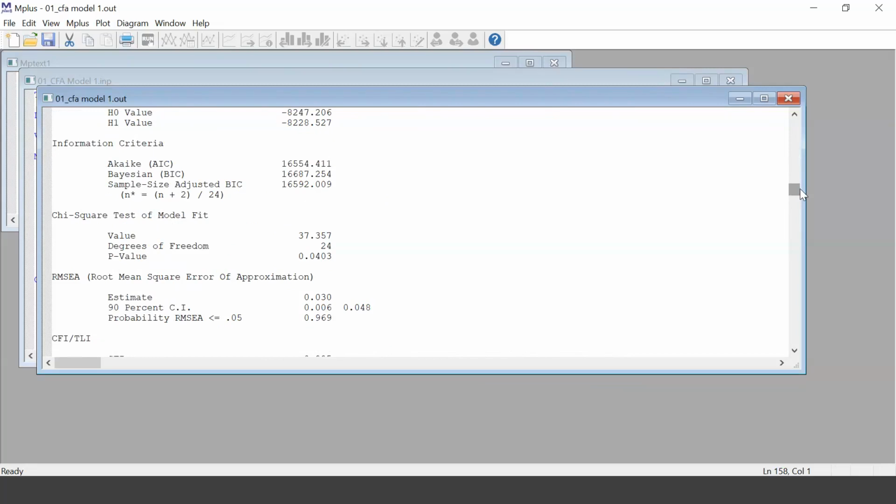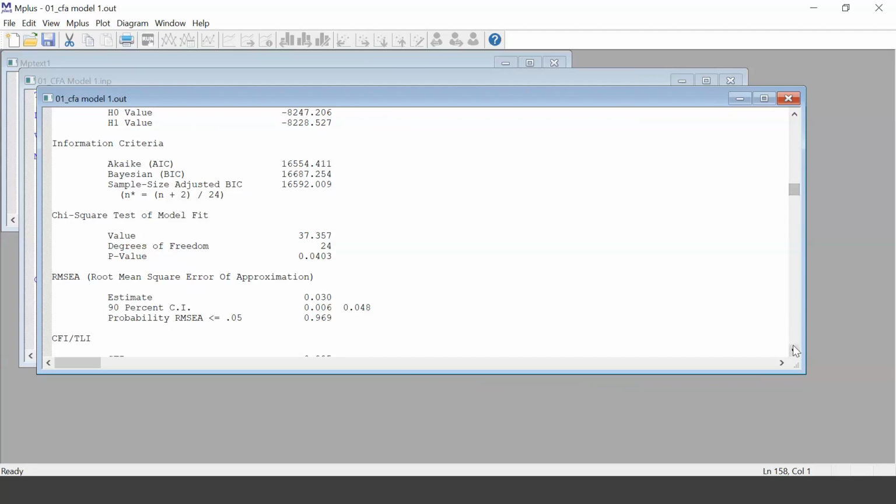So that means that the chi-square is statistically significant, which means that there is a statistically significant difference between the model implied variance covariance and the population variance covariance. However, you can see that the p-value is 0.04, so it is statistically significant, but just barely so.